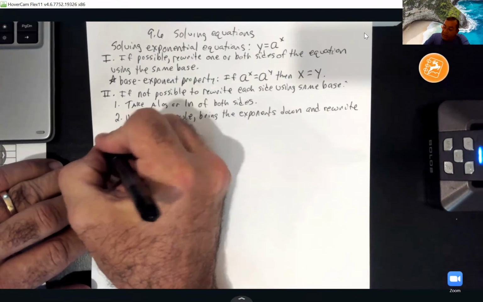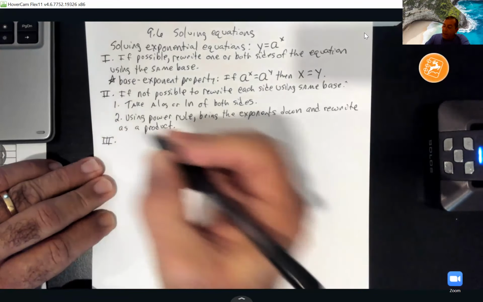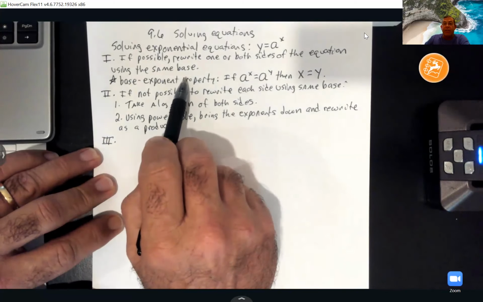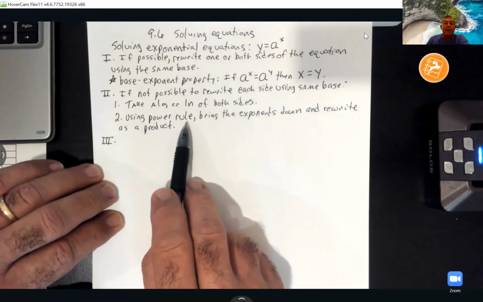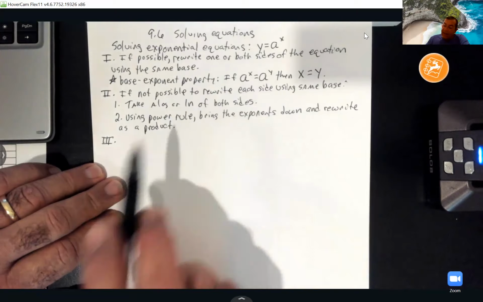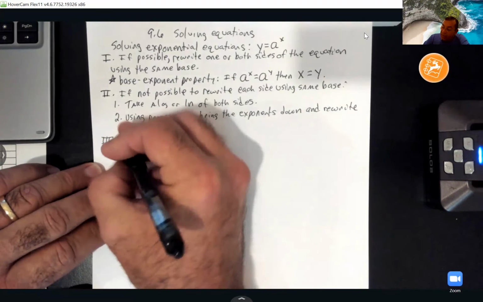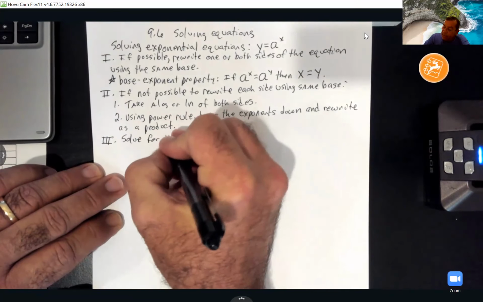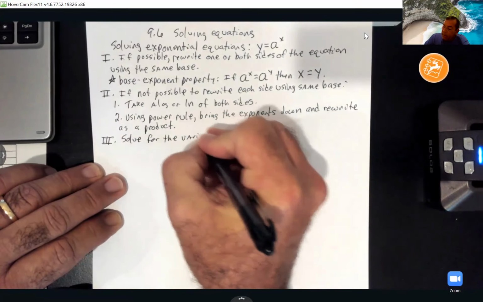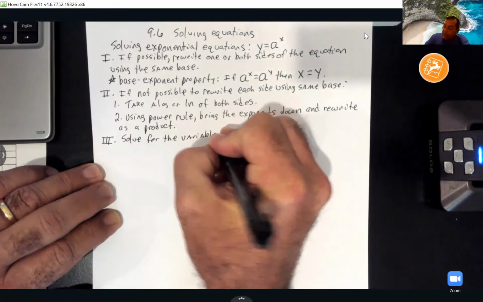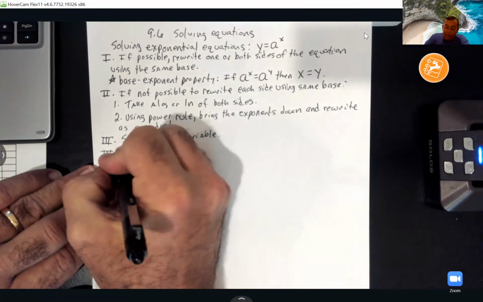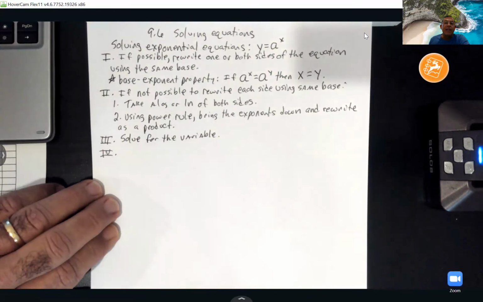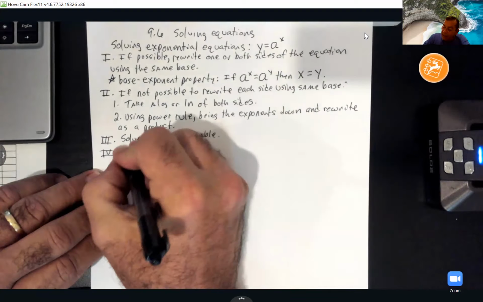Okay, so then, whether I've rewritten it using the same base or I had to take logs of each side, after that, we will then solve for the variable, and then check answers if needed.